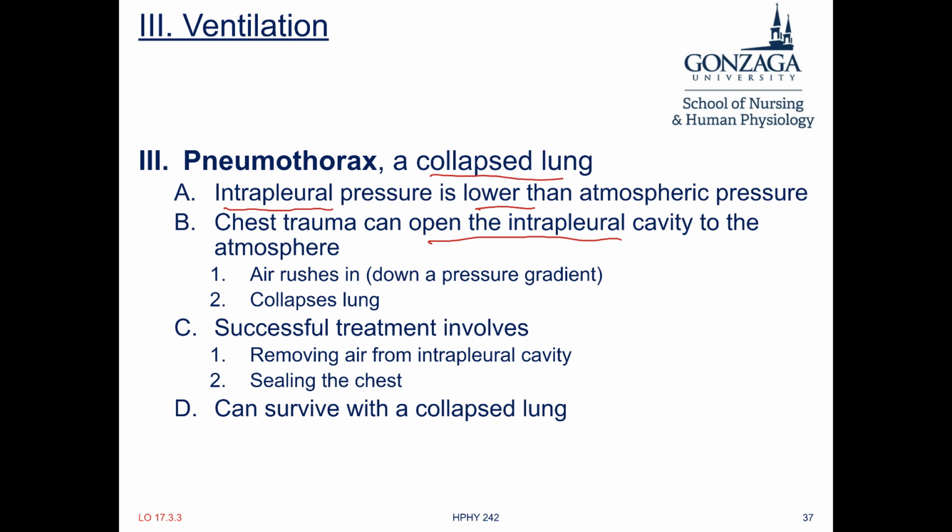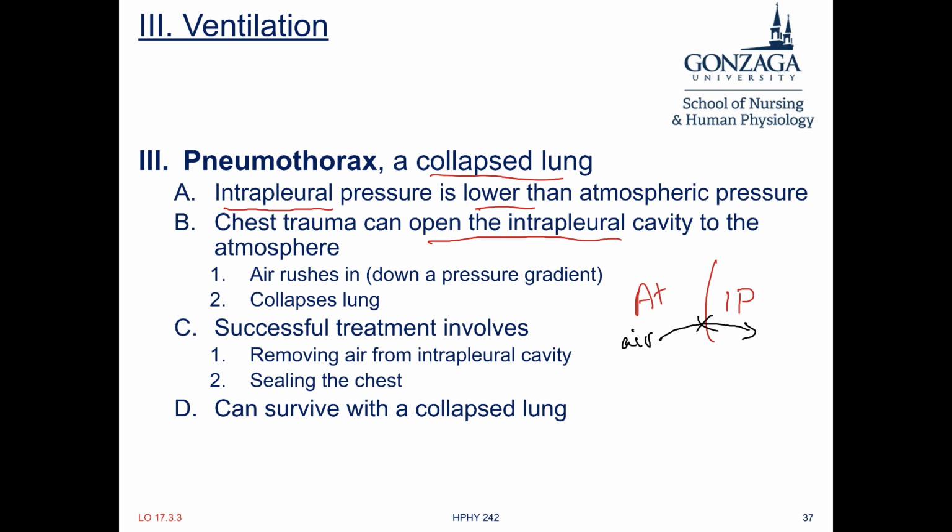let's say here's the intrapleural pressure, here's the atmosphere, and if there is a break or an exposure, then you create the situation where air will move down a concentration gradient into the chest cavity. Because of that, it's going to cause the collapse of the lung in that cavity.